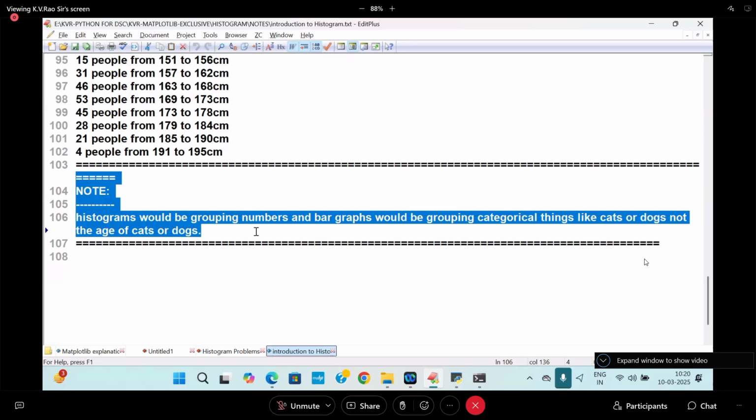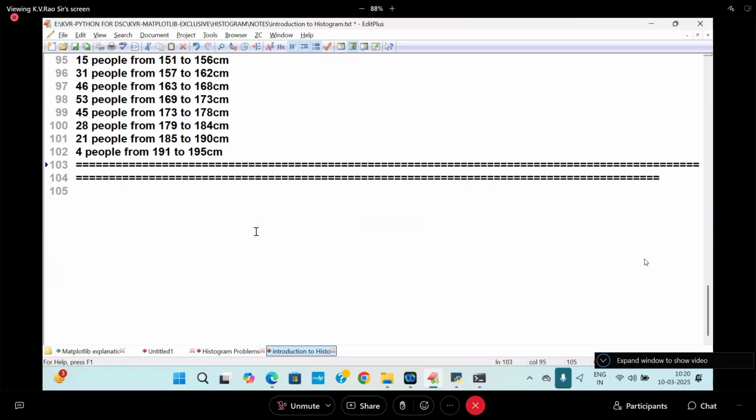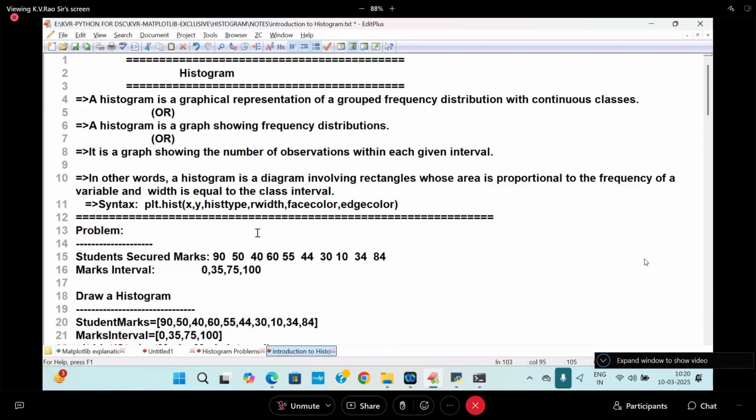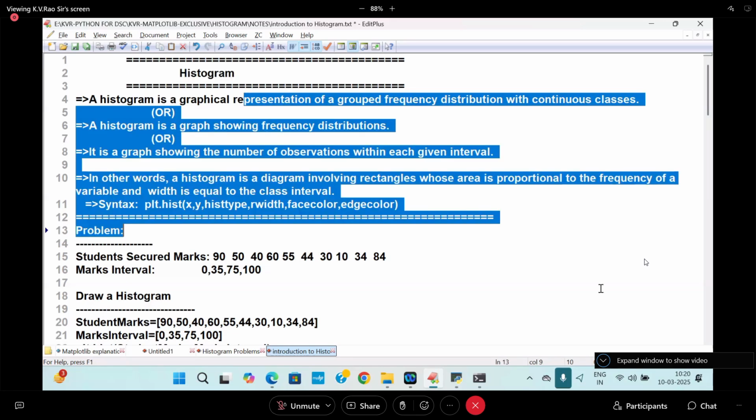As far as the present topic is concerned, that is not a big deal. The bar graph is separate and this is separate. The bar graph shows, for example, the number of distinction people, which is categorical data. This is frequency with class intervals. That is something separate. I think you understand the meaning of a histogram. Okay, now I will post this to you and you can take it.